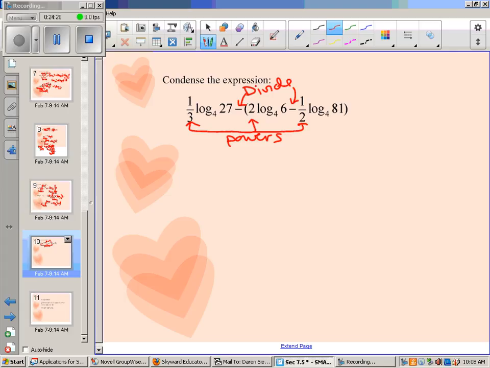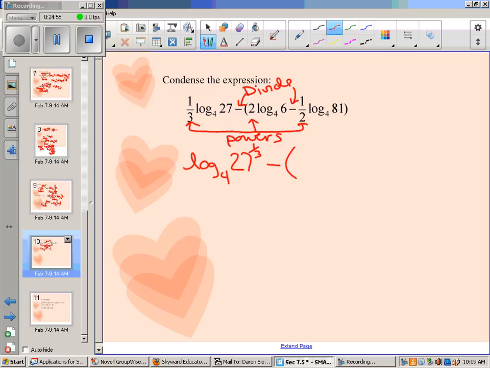Okay, so when we get to simplifying, we're going to simplify within the parentheses first. However, you could write things as powers right away if you want. So what do I know this first one's going to be? Log base 4 of, and what does 27 to the 1/3 really mean? What is 27 to the 1/3? What's it tell you to do? Cube root. Okay.